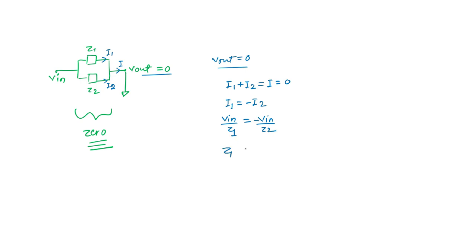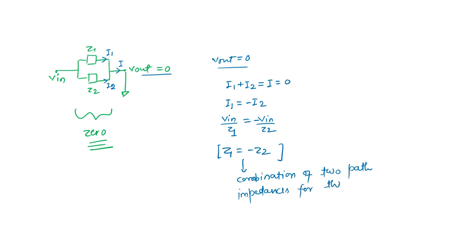So Z1 equal to minus Z2 is the combination of the two path impedances responsible for the existence of the zero. Okay, and the zero analysis we will see in the next video.